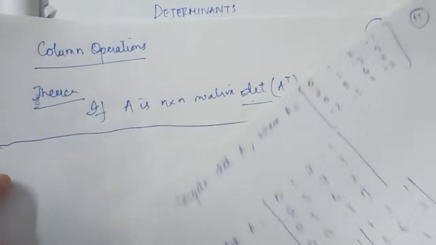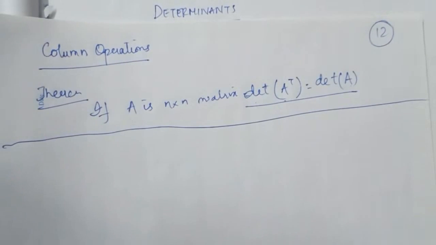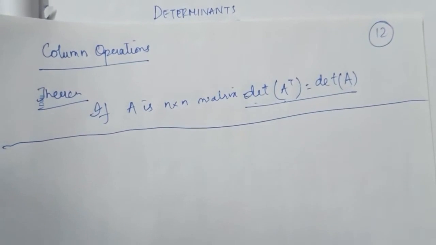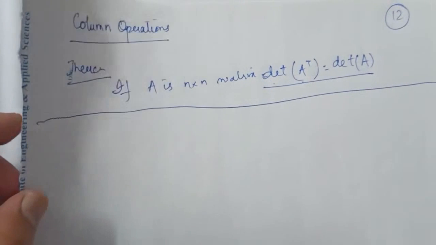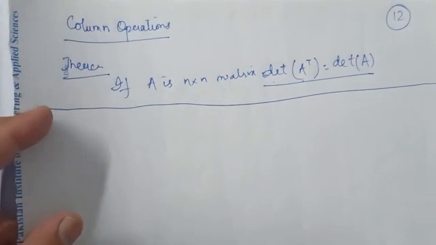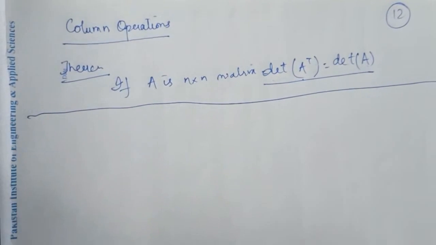And at the last, what we discussed was column operations, and the last most important thing that we talked about was that if A is an n by n matrix, then determinant of A transpose is equal to determinant of A, meaning that column operations are similar to row operations.